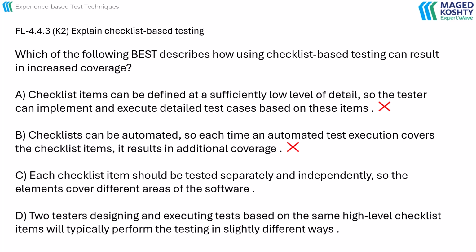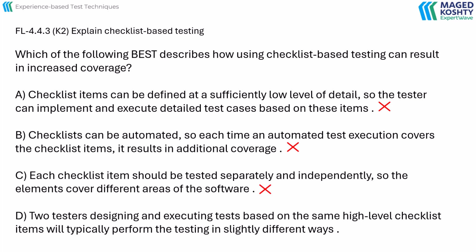C. Each checklist item should be tested separately and independently, so the elements cover different areas of the software. This is a true statement, but it doesn't give us a reason to increase the coverage.